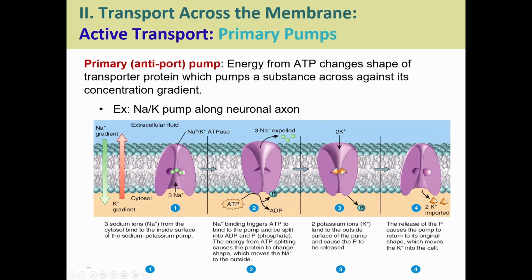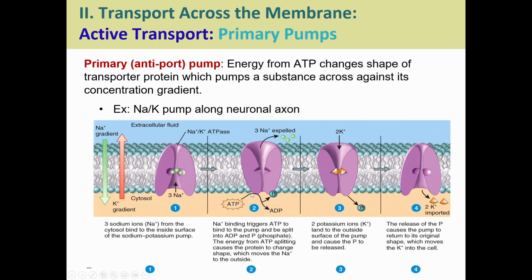So here, we have 3 sodium ions on the inside of the cell that are going to be pushed out. So they're going to bind, and again, we are going against the gradient. We're pushing sodium from a low to a high concentration, right? So we push the sodium into our pump.